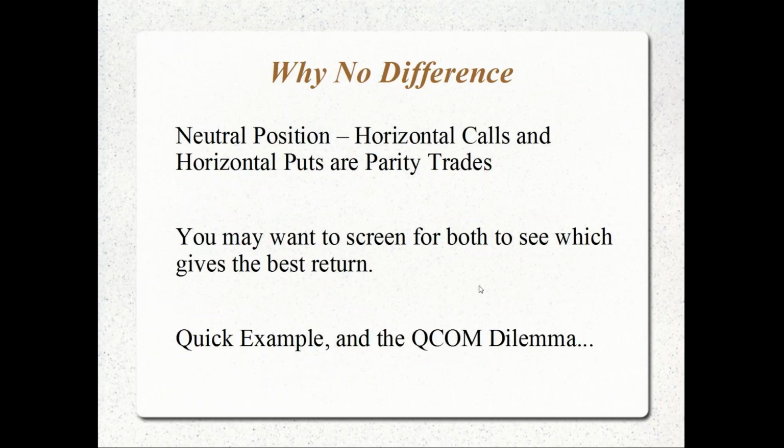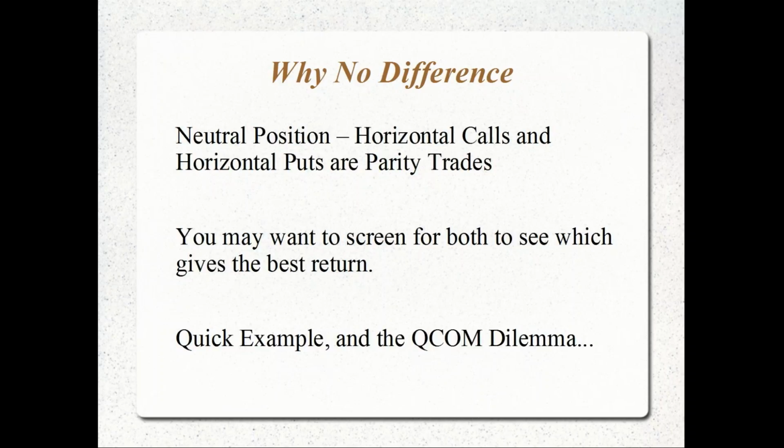Now, why don't I talk about a difference between the horizontal call and the horizontal put? Well, essentially they're parity trades. And we saw that in the previous profit and loss chart we looked at the beginning of the presentation during the review. If I'm neutral on a position, and I think the stock's going to remain in a range of 1 or 2% in the next 8 days, or 14 days, or 20 to 30 days, and I'm setting up a horizontal spread, I'll compare the horizontal call to the horizontal put.